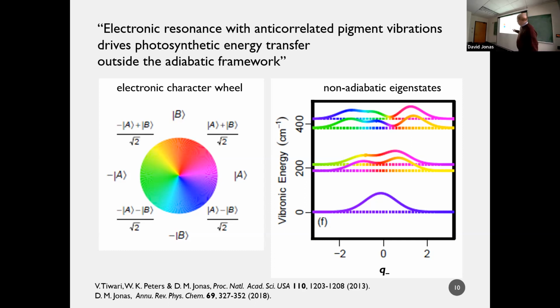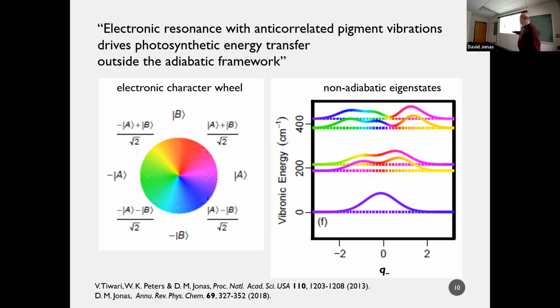And so for that, I'm going to use this electronic color wheel, which shows all the possible real superpositions of my donor state B and my acceptor state A. So the color tells you what my electronic character is. Is it A? Is it minus A? Is it B? Is it minus B? Some linear combination.